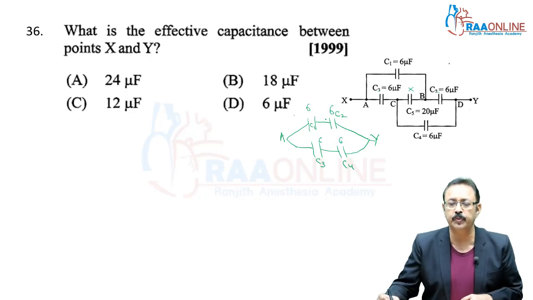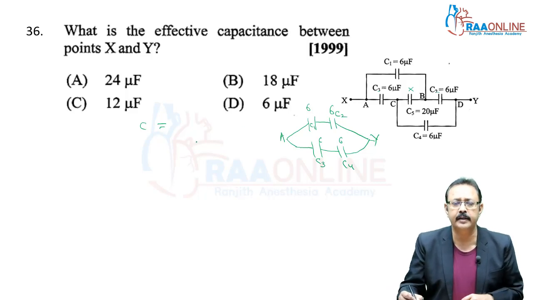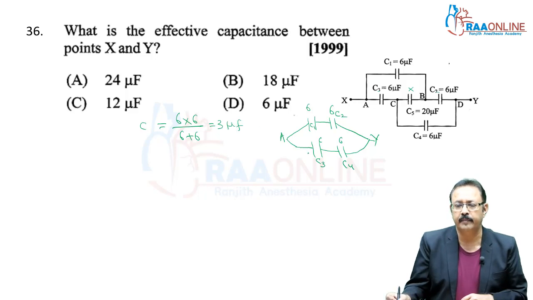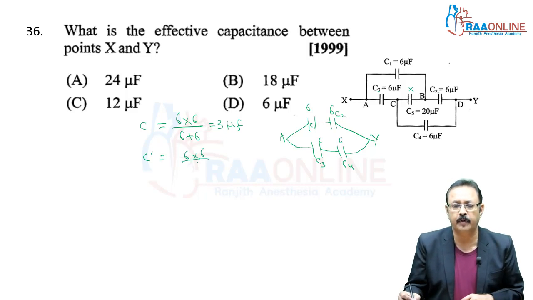For these two in series, if we take the capacity as C, it is C1 C2 upon C1 plus C2, we got 3. Same for these two, if we take C dash, 6 into 6 upon 6 plus 6, we got 3 microfarad.